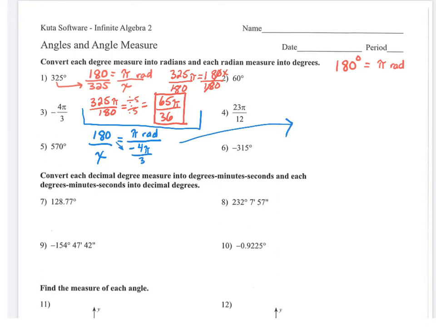Cross multiply: 180 times negative 4 pi over 3 equals pi times x. Divide by pi on both sides.